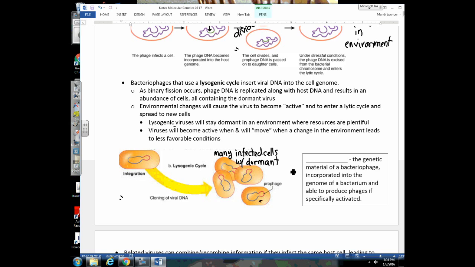Another reason why I included this diagram is I wanted you to see this term prophage. When I'm saying prophage, I'm basically saying virus DNA. It's the DNA that is going to code for the proteins and the new genetic material of those new viruses.